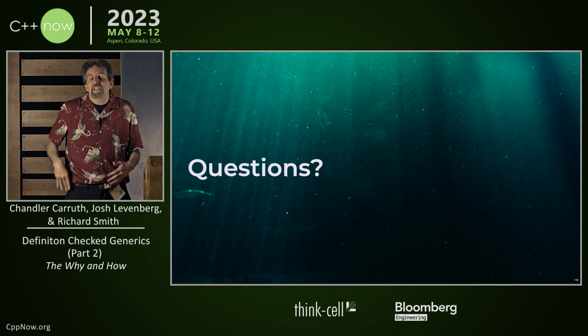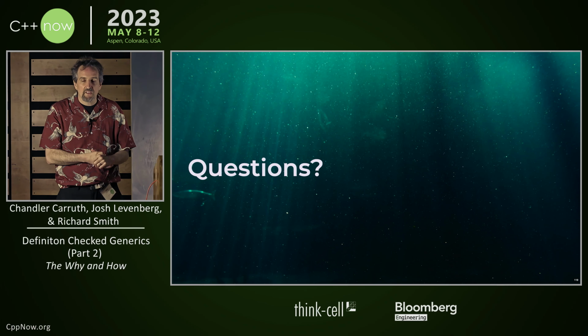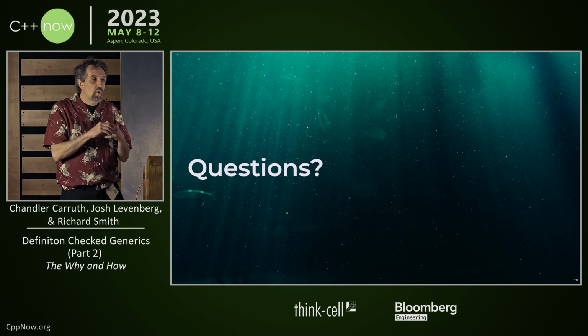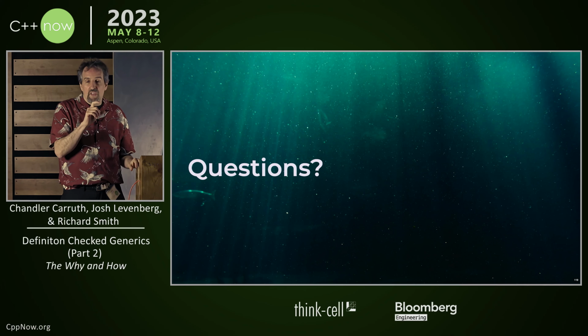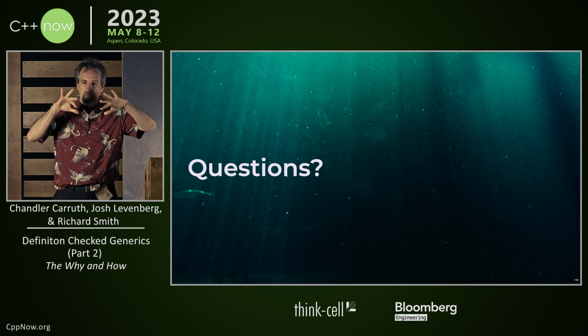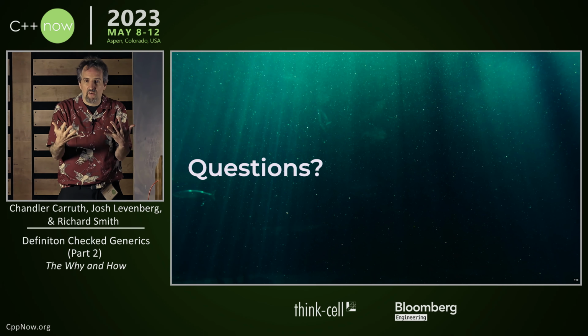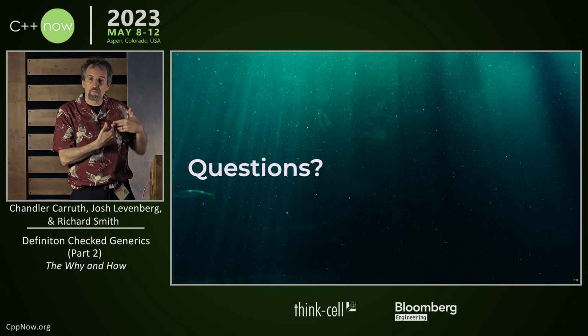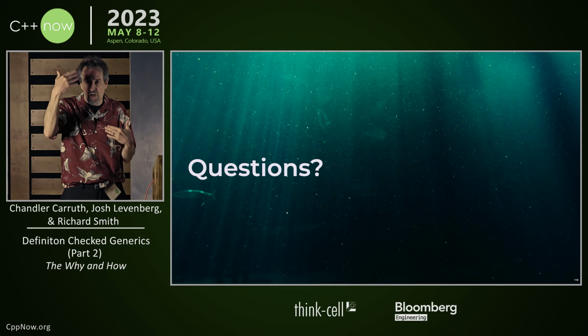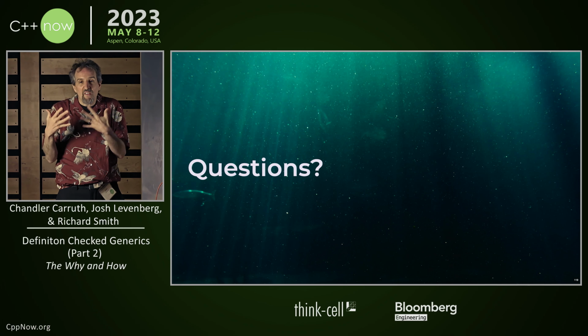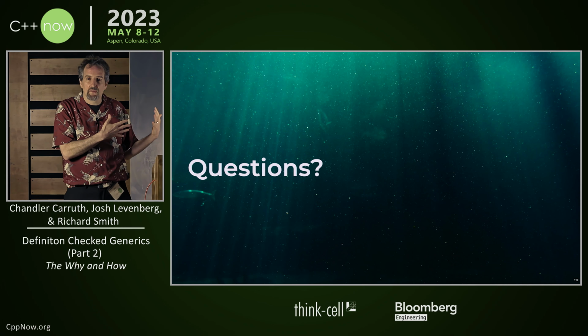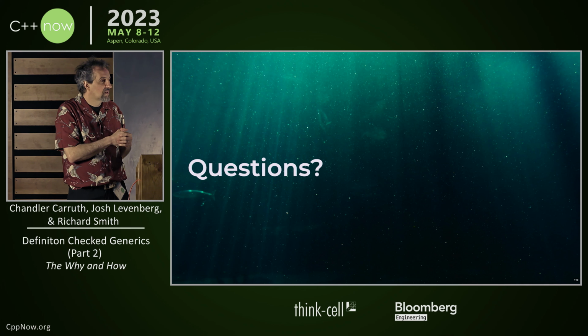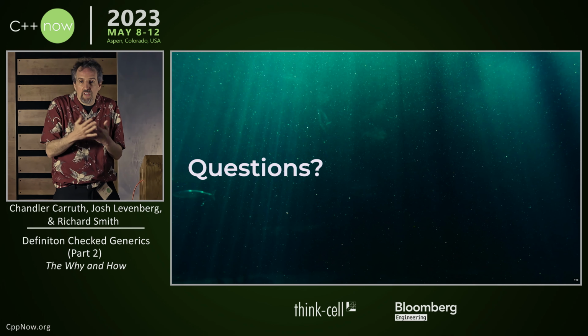So, I guess it would depend very much on the specifics, but the problem we're trying to solve here is when you have different implementations for different types of a common interface. So if you don't have a common interface, this may not be the right solution. Sounds more like overloading to me. You could do this with overloading.